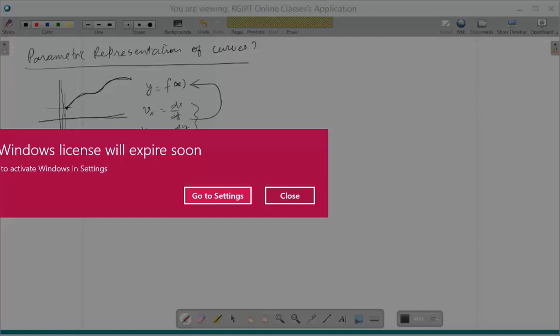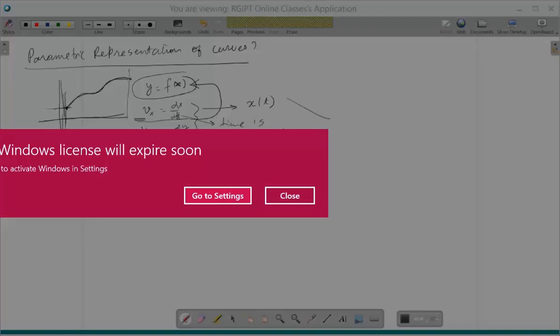When I just draw this path, I do not know how the path has evolved. But when I write it choosing time as my parameter, then if I know vx and vy, I can find x as a function of t and y as a function of t.